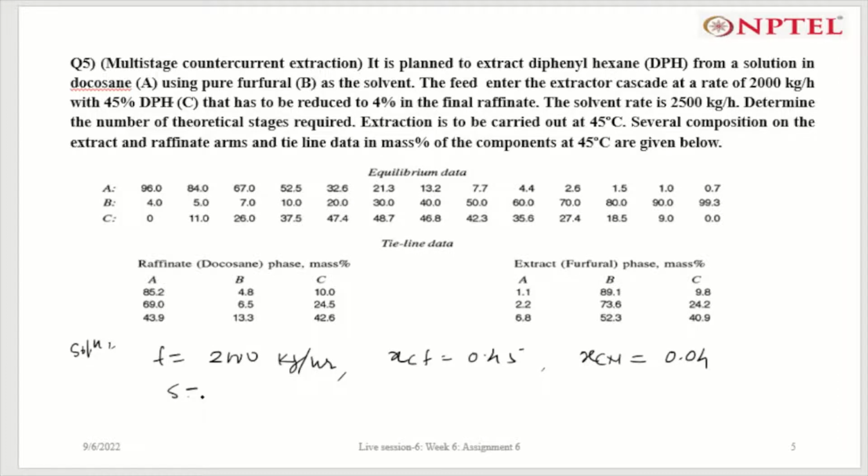Solvent rate is given as 2500 kg per hour, and the mole fraction of the solute in solvent is 0, meaning pure solvent.